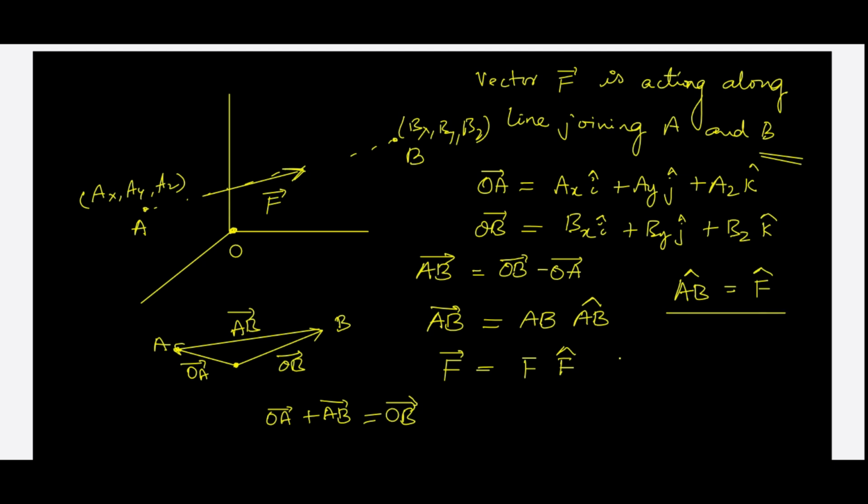Now AB is in meters, because they are distances, position vector. F is in newtons, force and force vector.